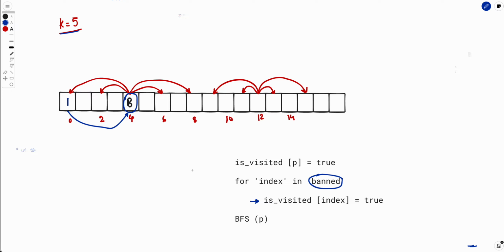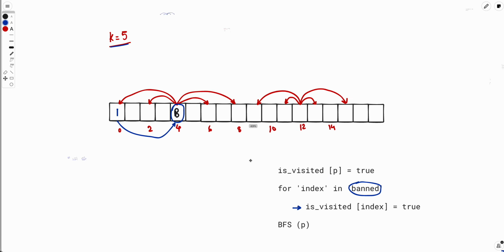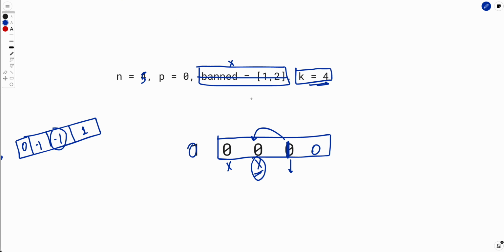And because we are not visiting any of the banned indexes, we automatically took care of the fact that we are not populating one at the banned index, right? So just to reiterate, what was the condition with banned indexes? The condition was that none of these indexes would ever have one, right?